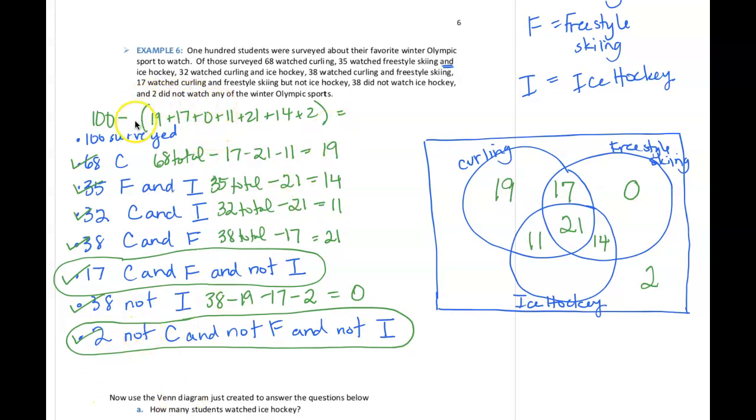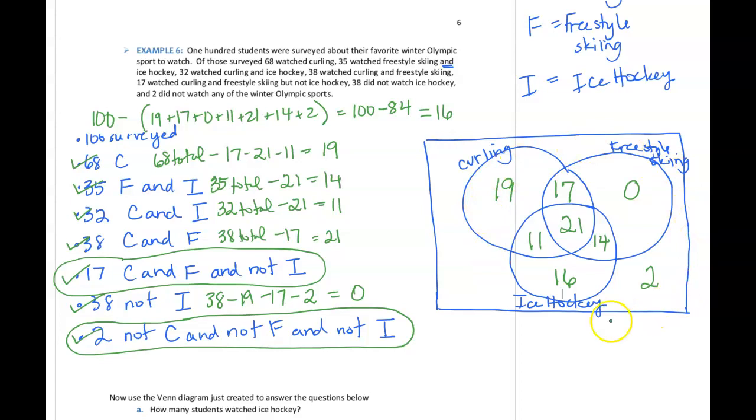When I combine all of the people that are already listed in our Venn diagram, I end up with 84. So this subtraction becomes 100 minus the 84 that's already listed in our Venn diagram, leaving 16 for the space that's empty. And now our Venn diagram totals 100 people from the survey.